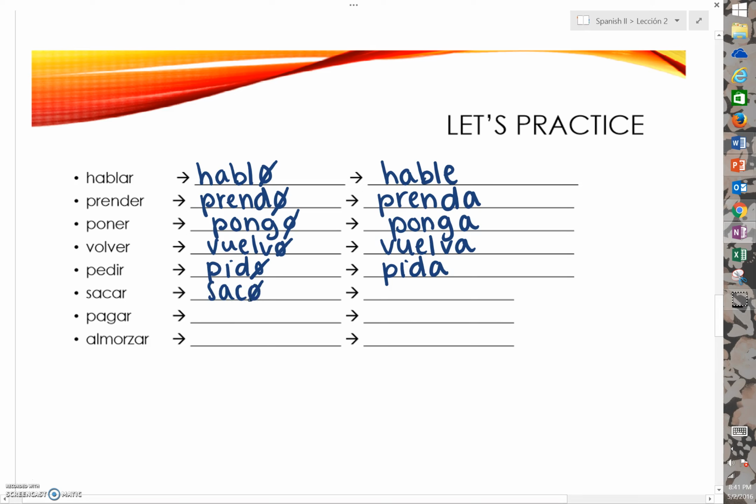There's no stem change, but we do have to deal with that -car spelling change, so we would get saque. Pagar, again, no stem change here, but we do have to deal with the -gar spelling change, so we get pague. Almorzar does have a stem change in it, so we would drop our o, and then we would also apply our -zar change to get almuerce.